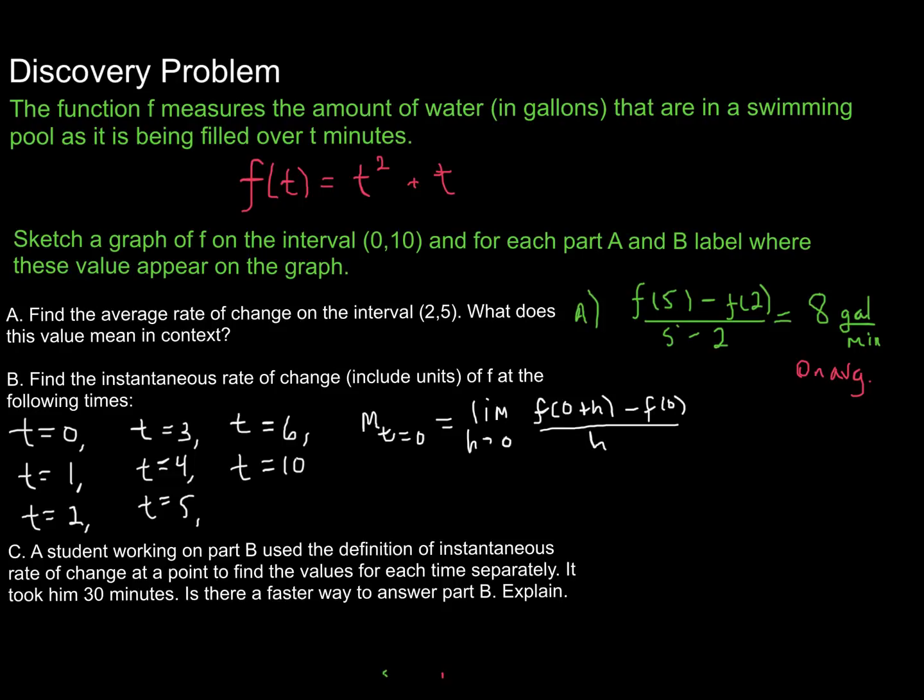And this isn't that interesting, right? 0 plus h is just h, right? So this is just going to be f of h minus f of 0. And if I plug 0 into my function, I just get 0. So I end up with just f of h in my numerator.